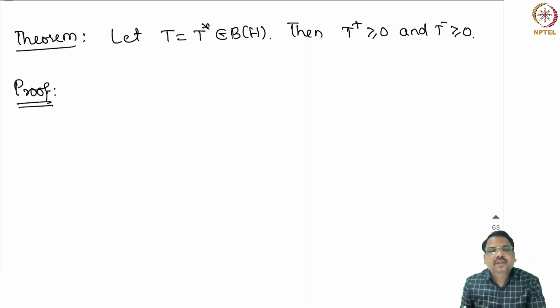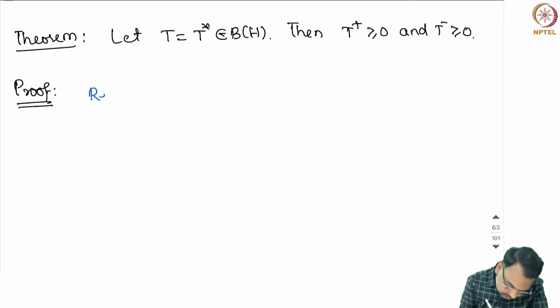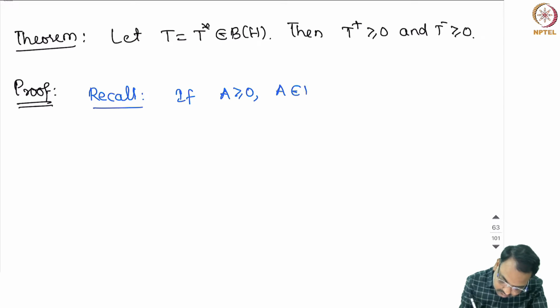The proof of this result heavily depends on the proof of the square root of a positive operator. Let us quickly recall. If A is positive and bounded, we assume that 0 is less than or equal to A, which is less than or equal to identity.